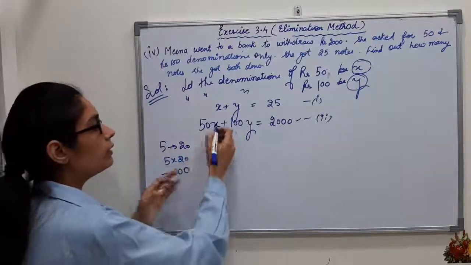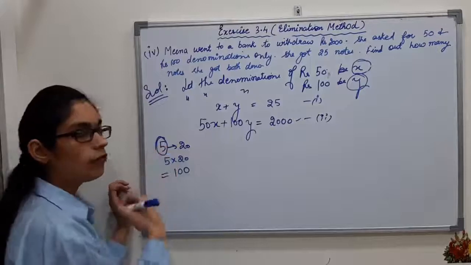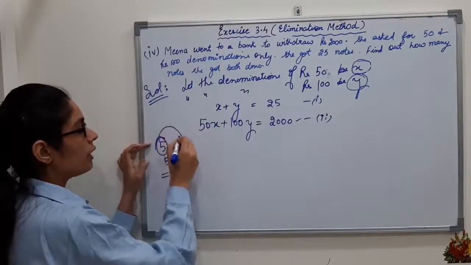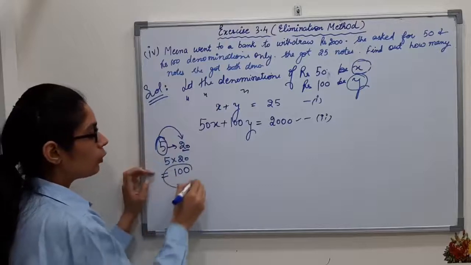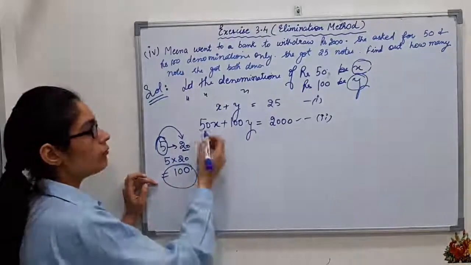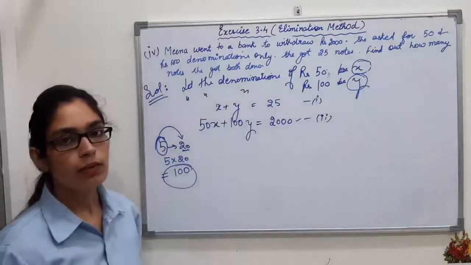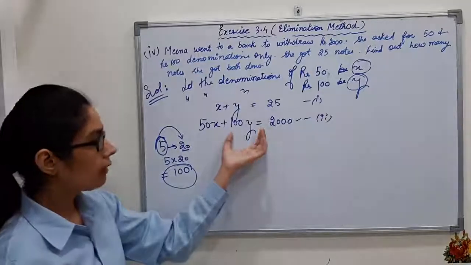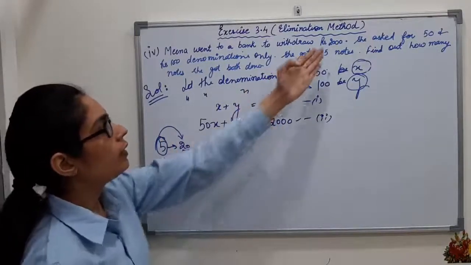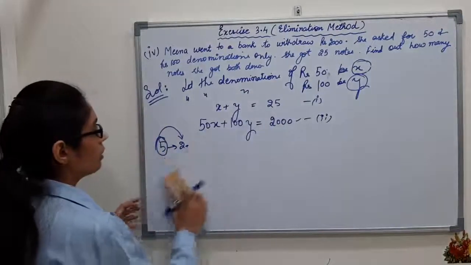In the same way, this is the number of notes. I have 5 notes of rupees 20. So if I multiply this 5 with 20, I'll get the total amount I have. In the same way, if I multiply 50 with the number of notes, I'll get the total amount. Same way for 100 also. So if I add both the things, I'll get the total money which I have withdrawn. So I got the two equations.